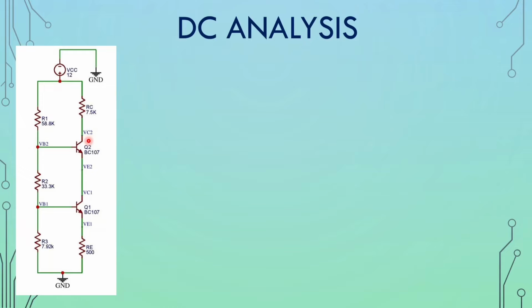In Cascode amplifier, the transistors Q1 and Q2 are connected in series, so the current values will be the same across the resistors. Now from the question we are going to see the given values.